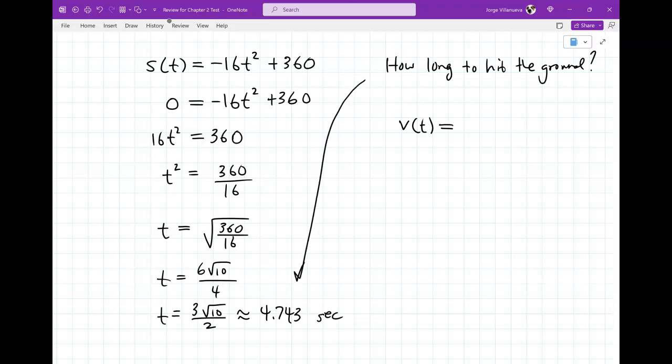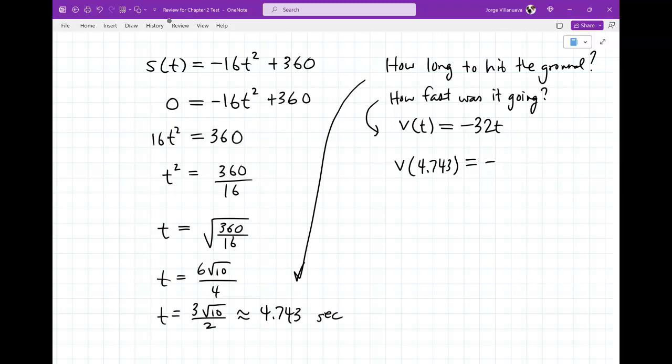There you go. Okay, so how fast was it going? To find velocity, we take the derivative of position. So the derivative of s of t is negative 32t plus 0.